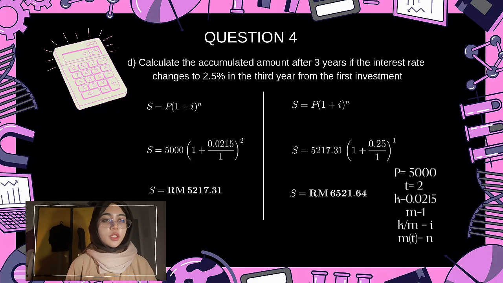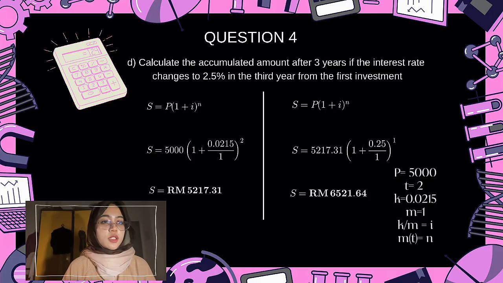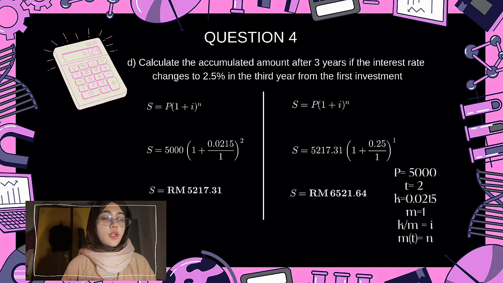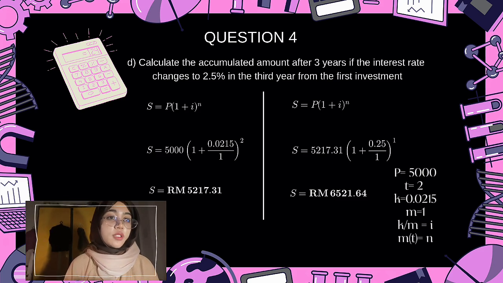The answer will be S equal 5,000 open bracket 1 plus 0.0215 divided by 1 close bracket to the power of 2. After that, we will use the formula S equal P open bracket 1 plus I close bracket to the power of N, which equals 5,270.31 ringgit Malaysia. Then we will bring 5,270.31 ringgit Malaysia to the third year as the principal.